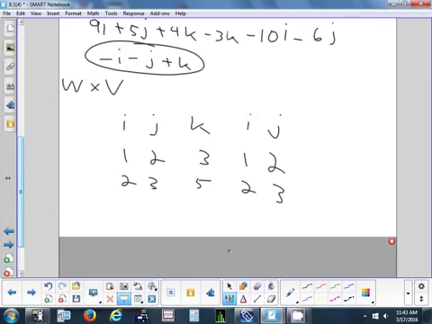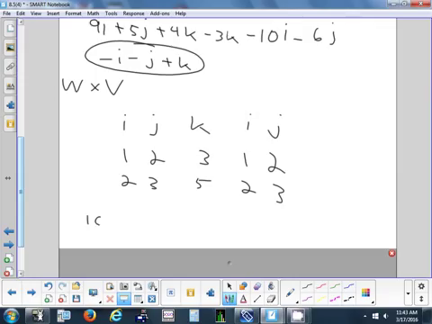What's i times 2 times 5? 10i. j 3 2. 6j. k 1 3. It's 3k. Now go the other way and subtract. k 2 2. Minus 4k. i 3 3. Minus 9i.